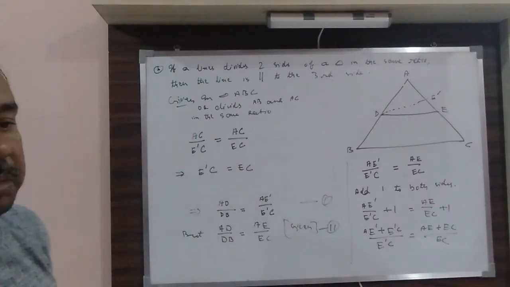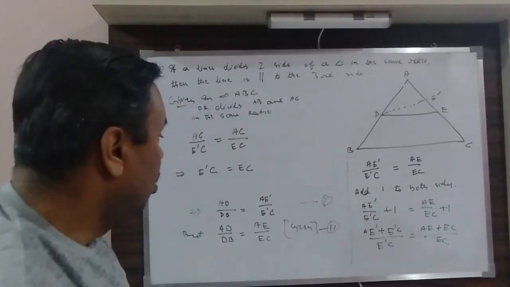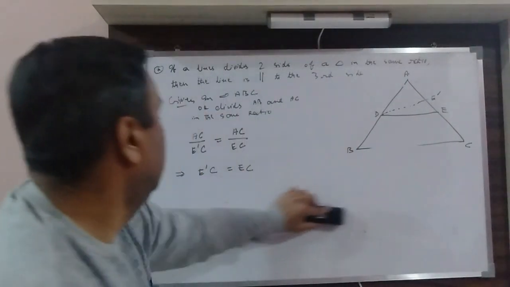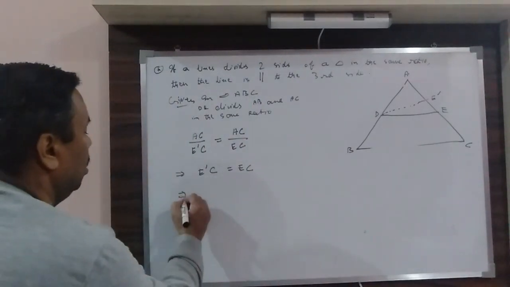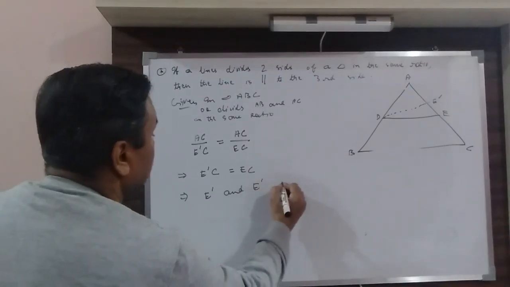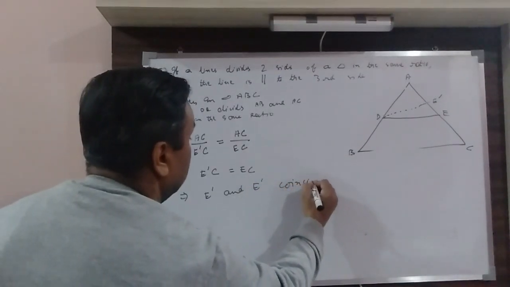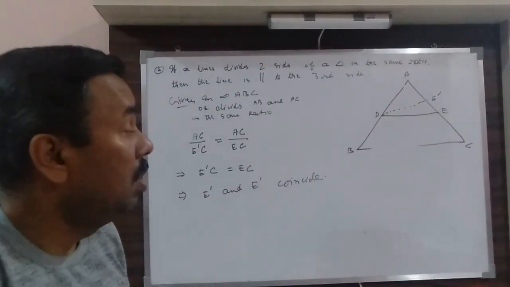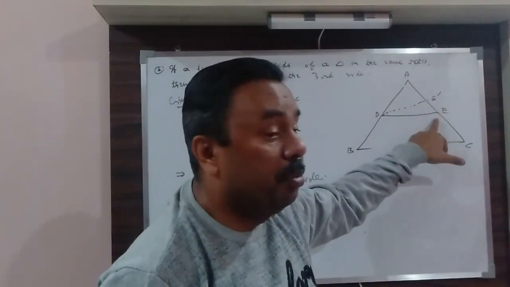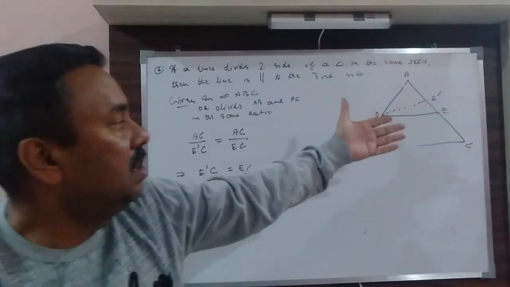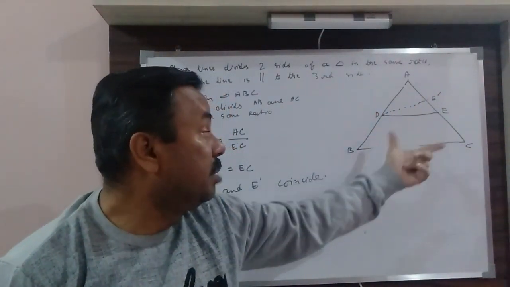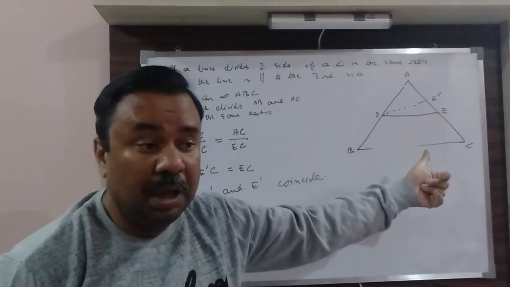But how is it possible? This is only possible if E dash and E coincide, or E dash and E are lying at the same point, or I can say E dash is no different from E. But DE dash is parallel to BC.